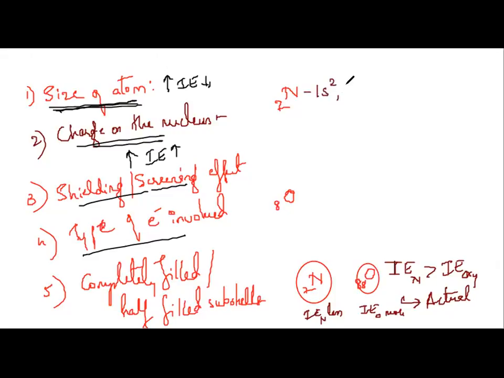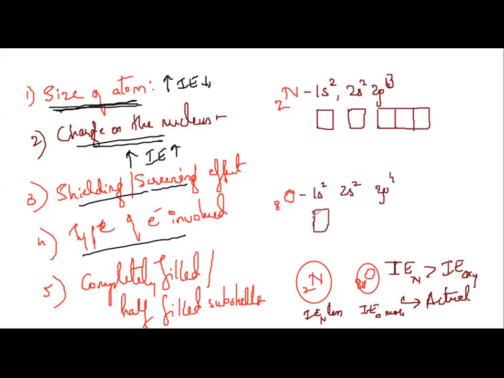Configuration of nitrogen: 1s2, 2s2, 2p3. Write the orbital diagram. Similarly, for oxygen, the configuration is 1s2, 2s2, 2p4. Looking at the configuration, we don't immediately come to the conclusion.